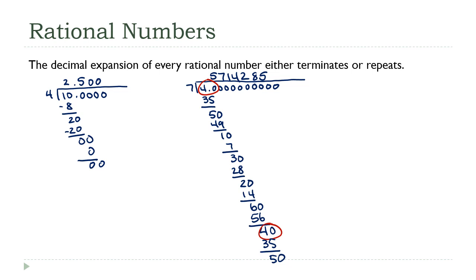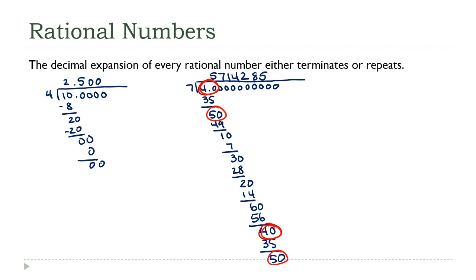Well, look at what else happened here. Here I had 50, and here I had 50. So you can see once I get to the same number, once I get this duplicate here, then it's going to carry on duplicating on and on and on.